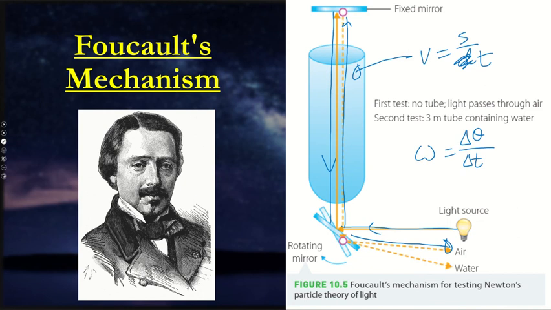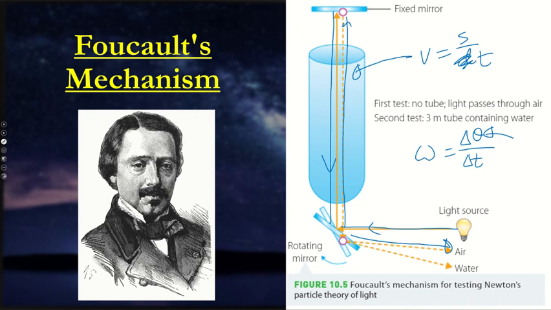Now, if the speed of light was slower in a more dense medium, the angular displacement would be larger, or the mirror would rotate for a longer period of time.